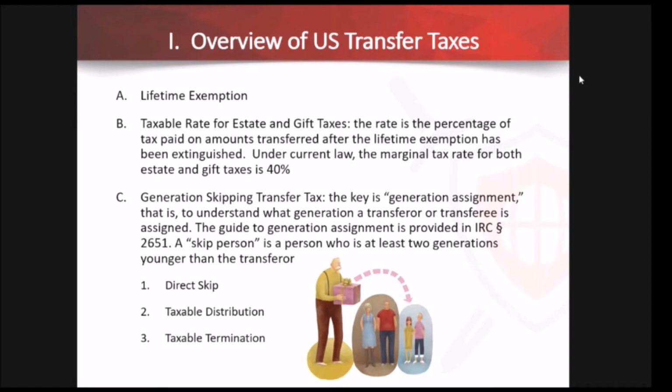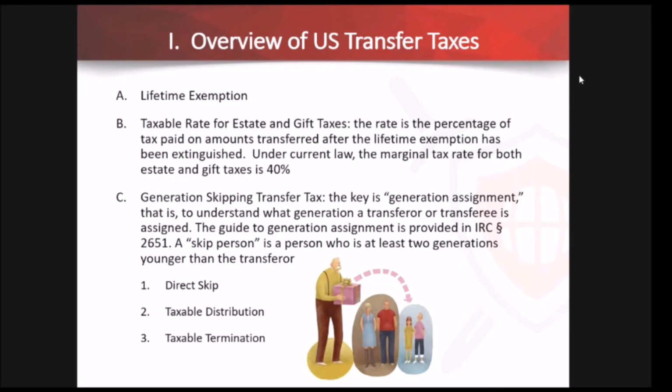There are 3 types of events that cause the GST tax to take place, one of which is a direct skip. That is when you make a direct gift or transfer to an individual who is a skip person. A skip person is anyone that is 2 generations or more below you, or 37.5 years.